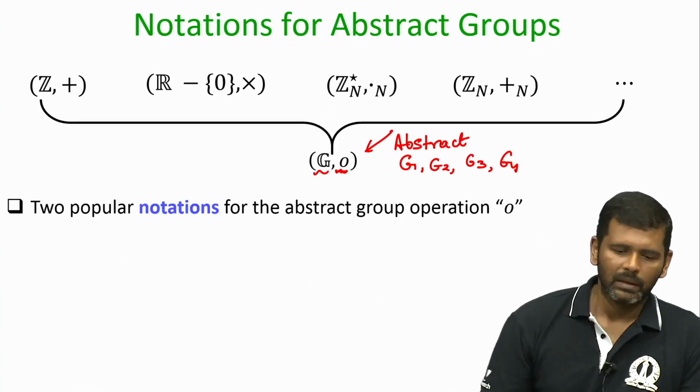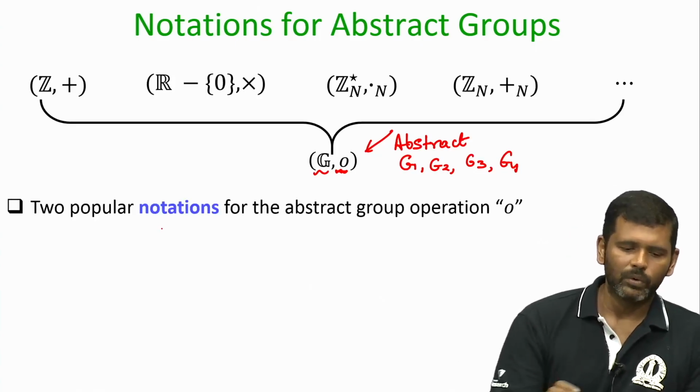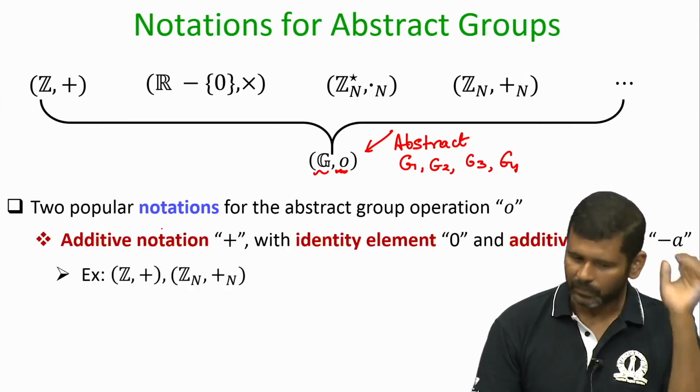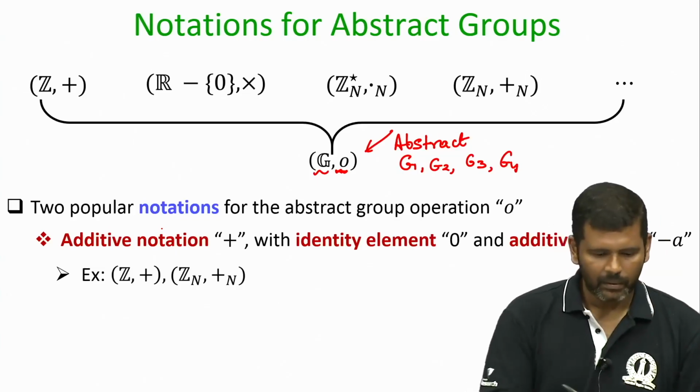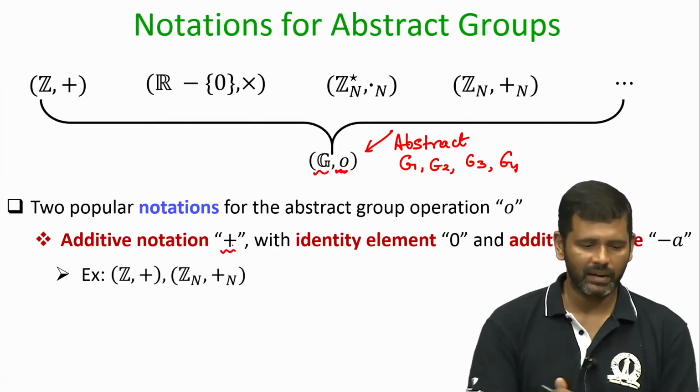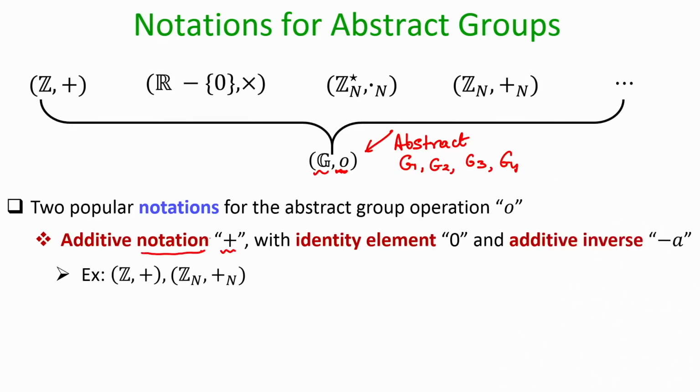Okay. So, it turns out that there are two popular notations which are used for the abstract group operation O. The first notation is the additive notation. I stress that this is just a notation; instead of writing O I will use the plus symbol, right.